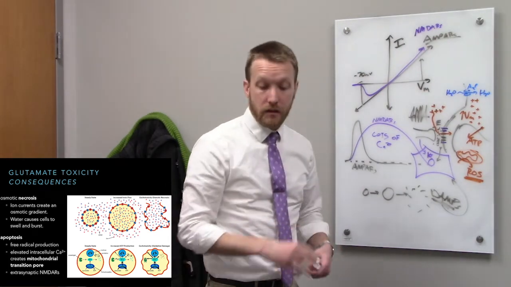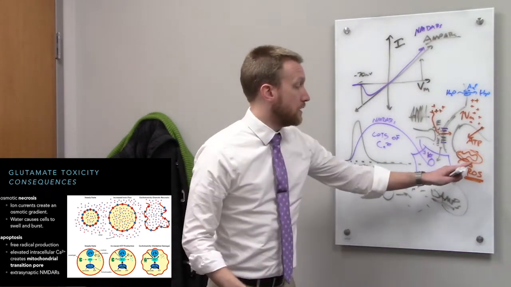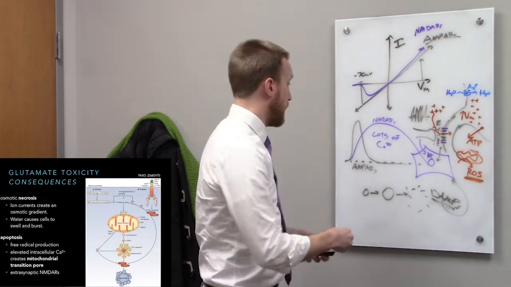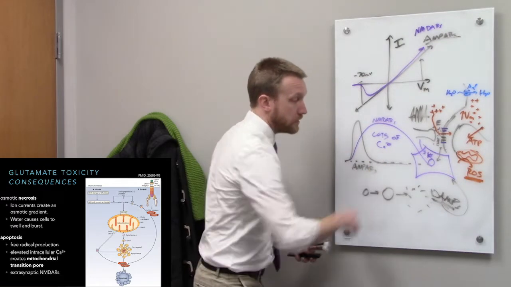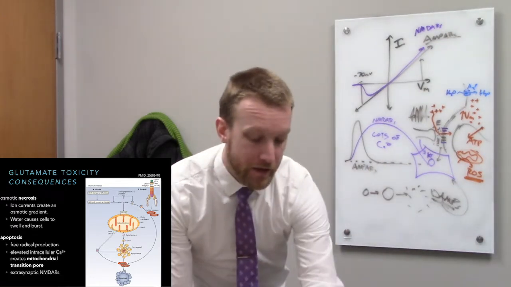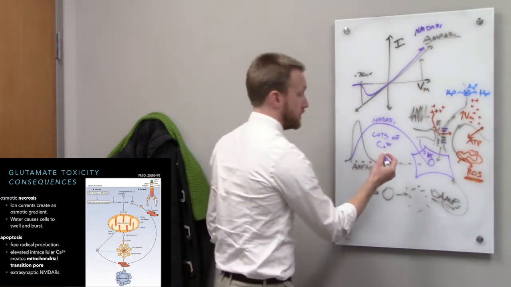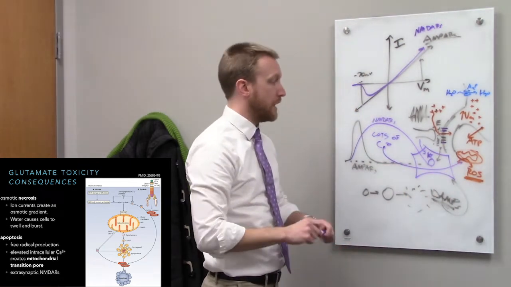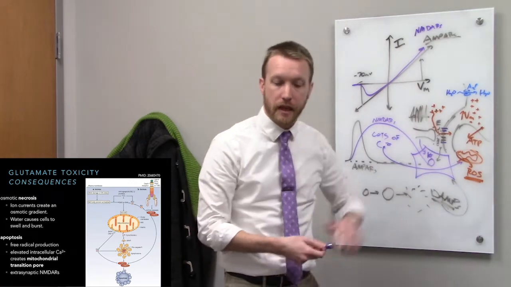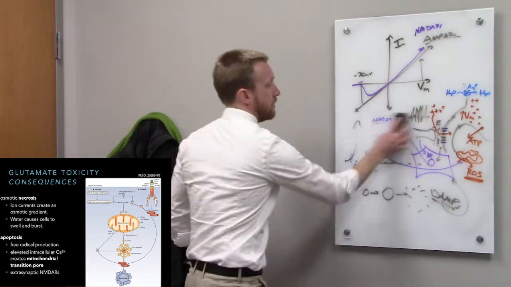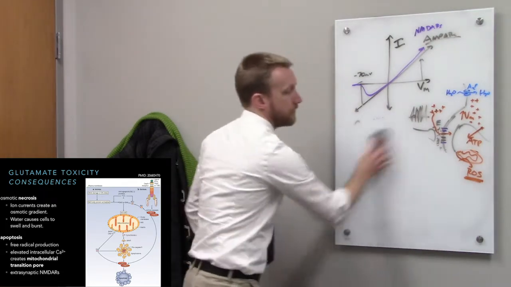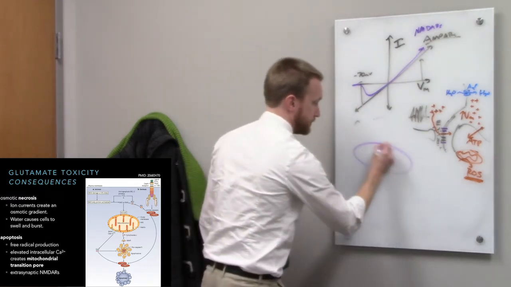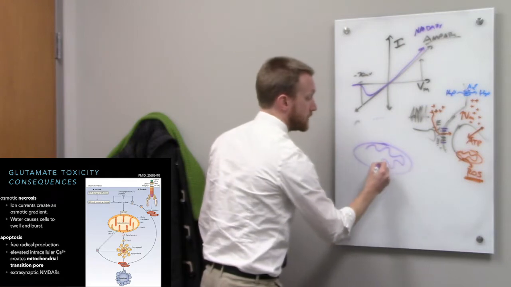Now, if they damage the mitochondria and cause it to permeabilize, or if we have an excess of calcium floating around, that calcium is going to create what we call a mitochondrial transition pore. So the mitochondria are going to try to suck up that calcium. When we permeabilize the mitochondria, stuff leaks out.